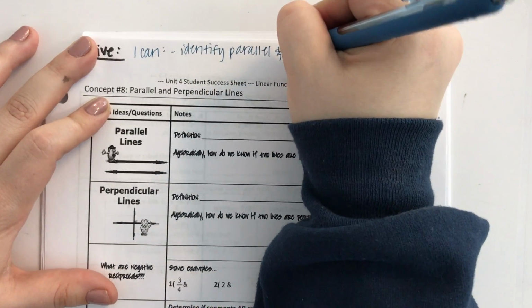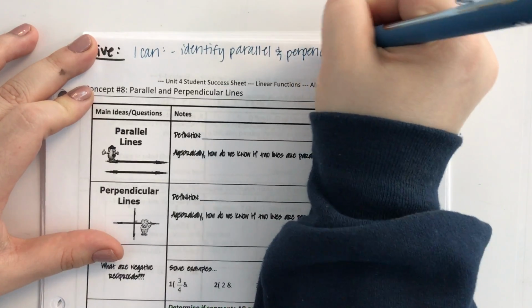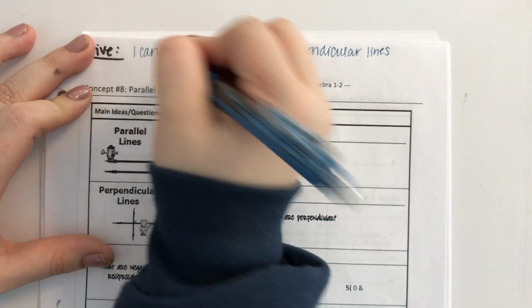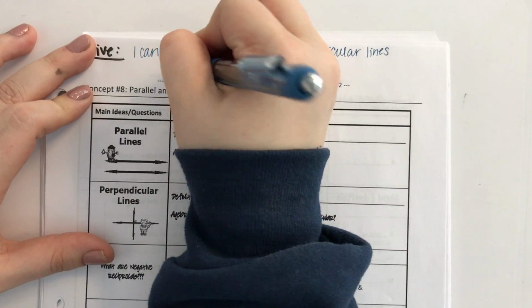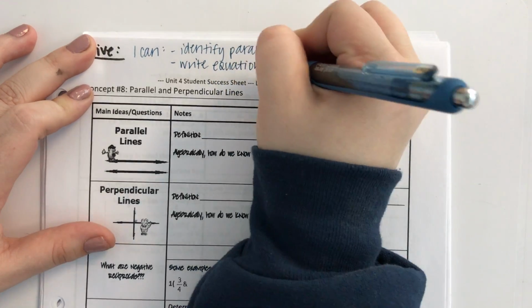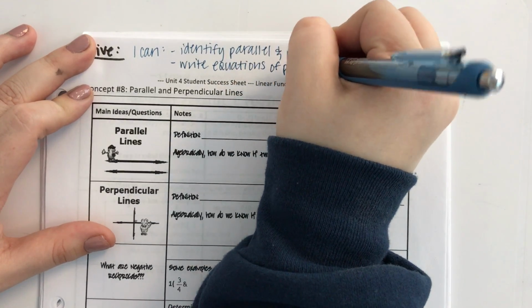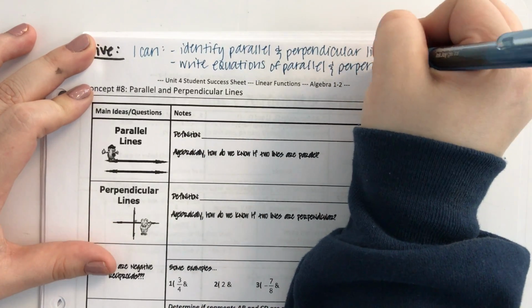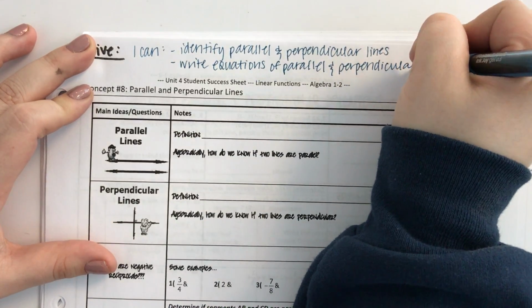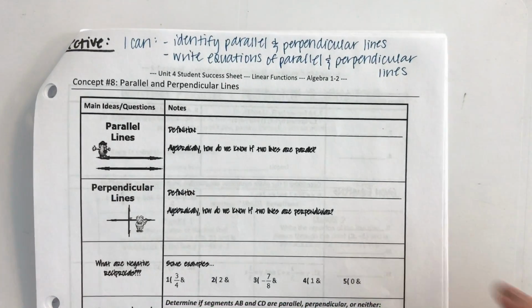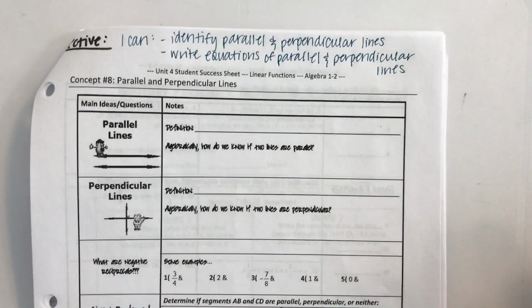And then the second objective is I can write equations of parallel and perpendicular lines. Okay, so those are our objectives for this lesson today: I can identify parallel and perpendicular lines, and I can write equations of parallel and perpendicular lines.